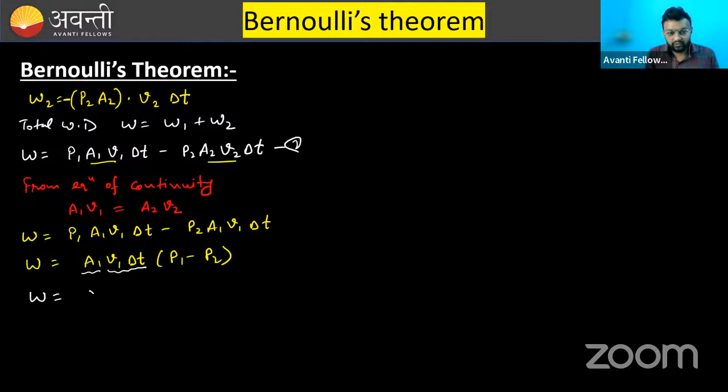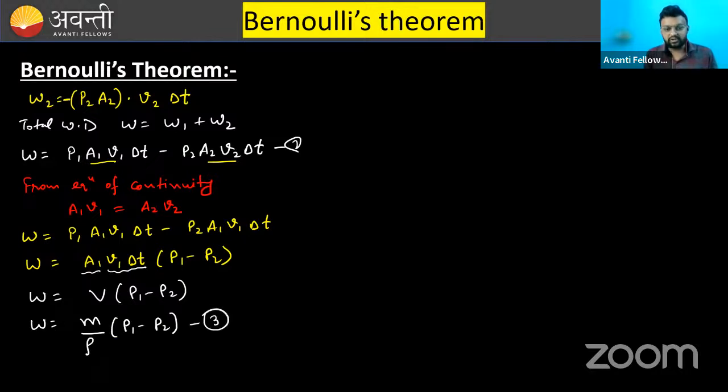So work done is equals to volume into P1 minus P2. Clear? Volume is nothing but mass over density, so W is equals to mass over density into P1 minus P2. This is equation number 3.